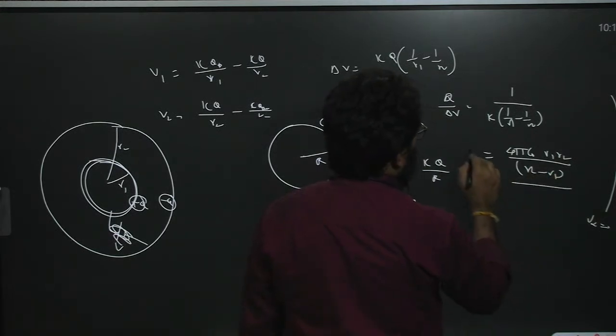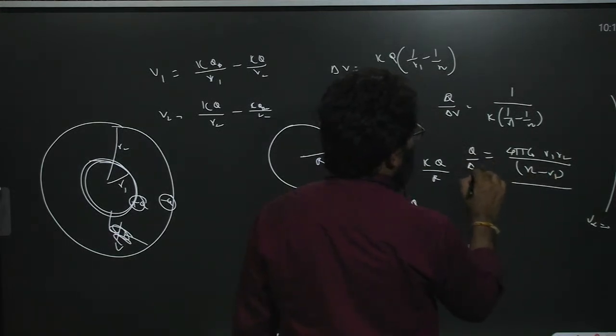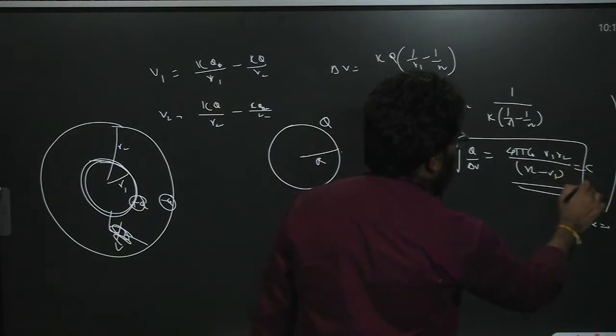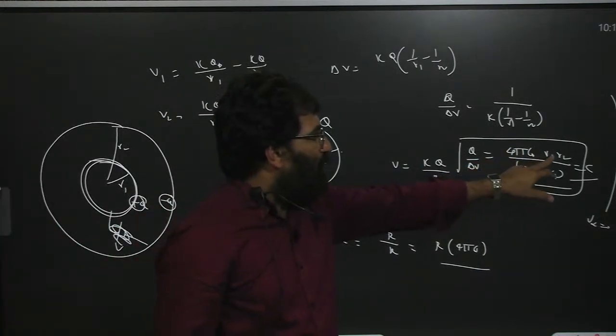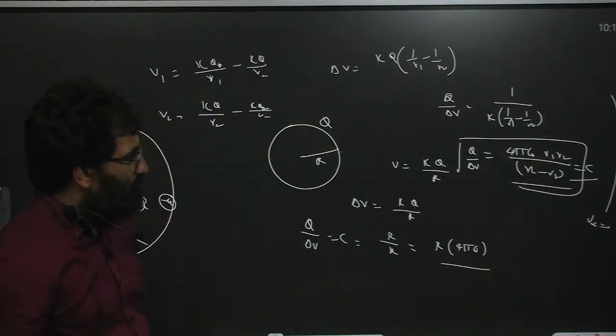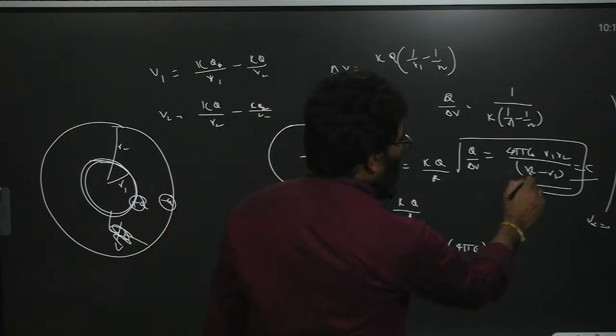When two conductors are separated, one a sphere and the other a shell, with R1 and R2 given, the capacitance between them is 4 pi epsilon naught R1 R2 by R2 minus R1. This is very important.